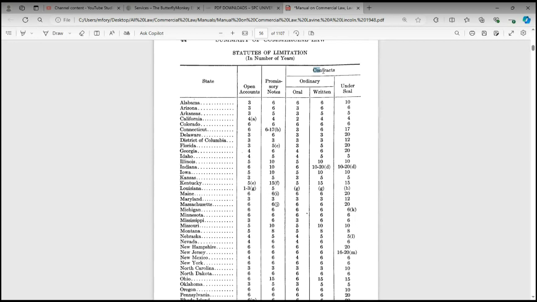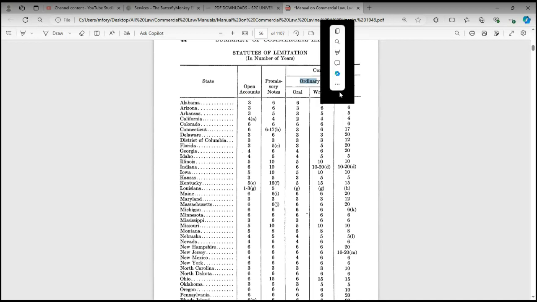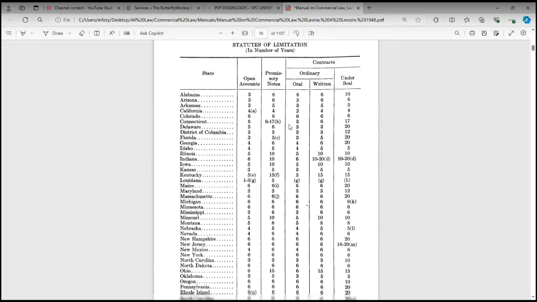I think I can understand this. But I guess they're all contracts. Open accounts is what I won't understand. But these are all the years that they give specifically for these. Ordinary contracts or under seal contracts, promissory notes and so forth.